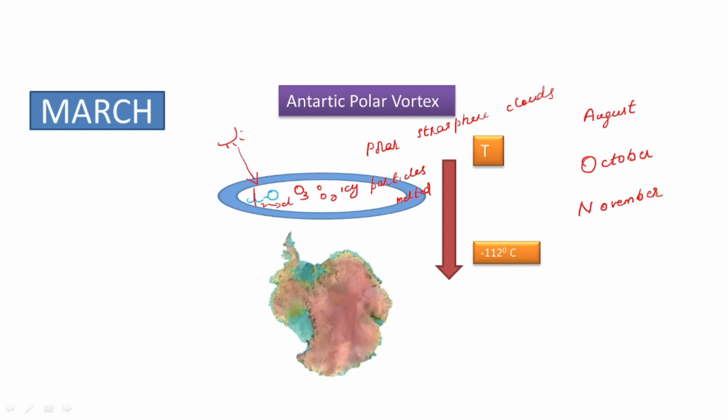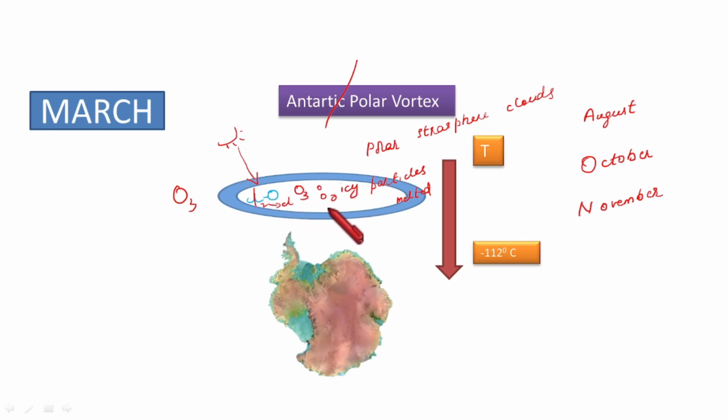the strength of the wind in this area comes down. As the strength lowers, this Antarctic polar vortex dies off. As the vortex dies off, the ozone-rich air gushes into this area and seals the hole that formed here.